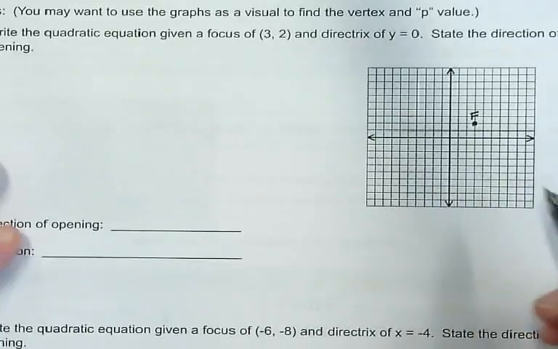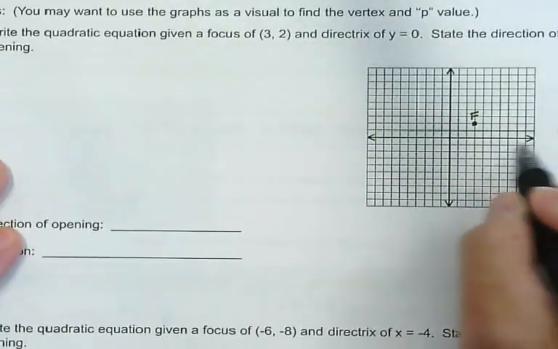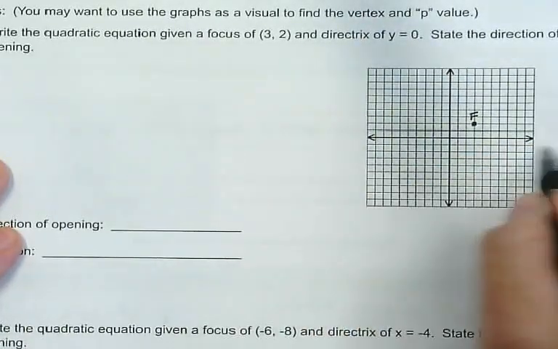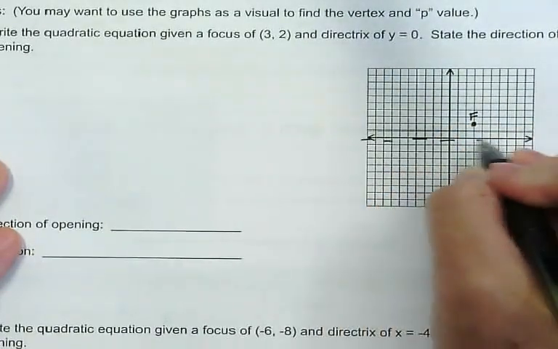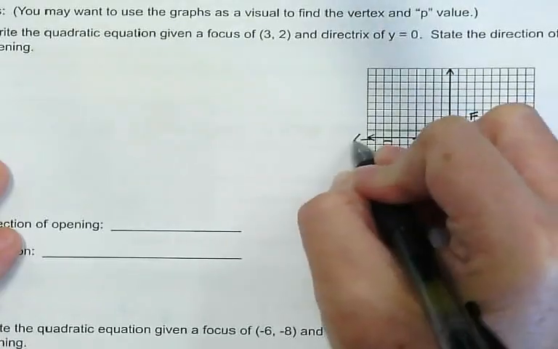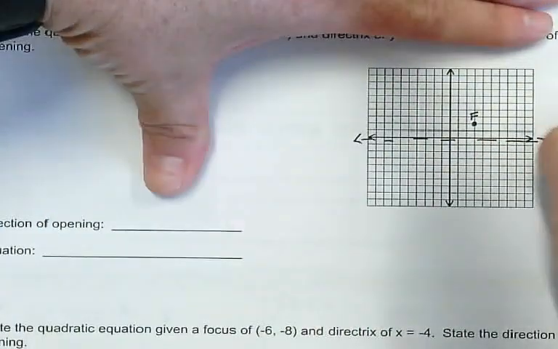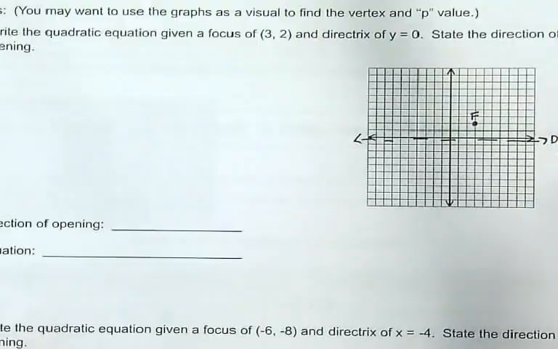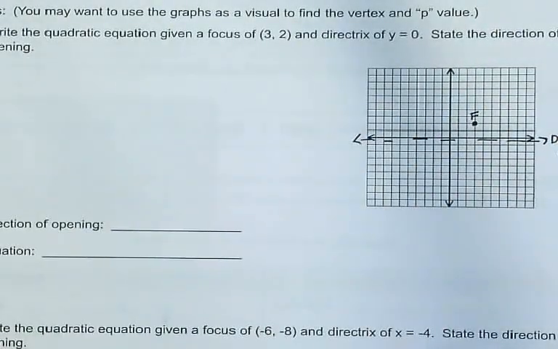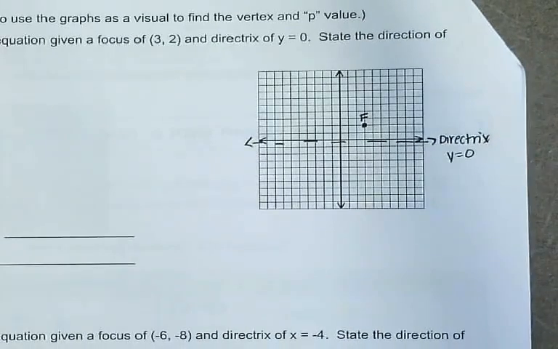So my directrix of y is equal to 0 is right here. All points here have a y value of 0. So here's my directrix, at y is equal to 0.